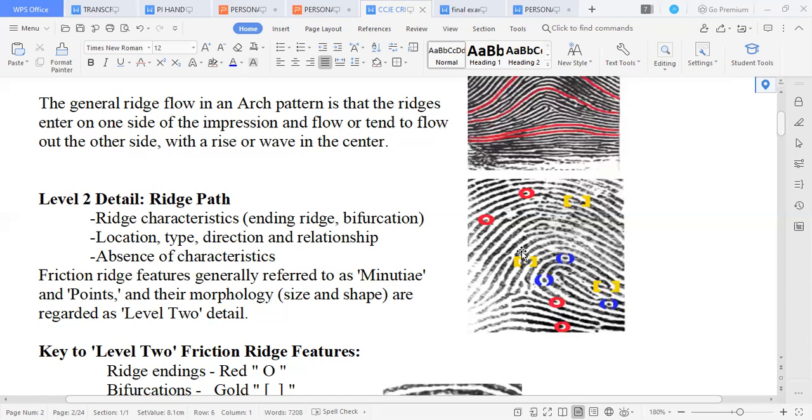Okay, so in ridge characteristics, let us take a look at this. The red ones are encircled and point to an ending ridge. In the same way, in gold color, they give emphasis on the presence of a bifurcation. So what is bifurcation again? If you remember, there is a single ridge and it splits into two or more ridges.